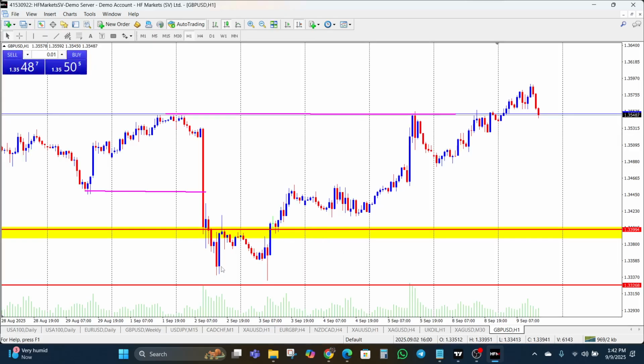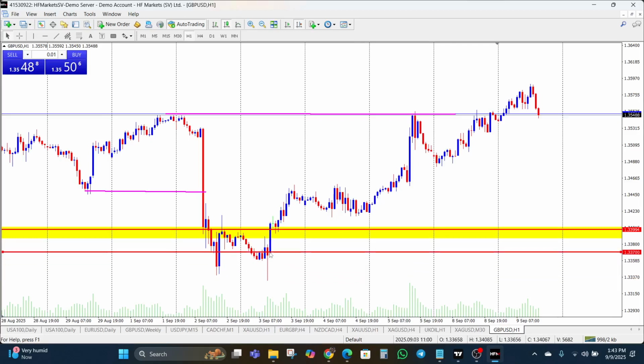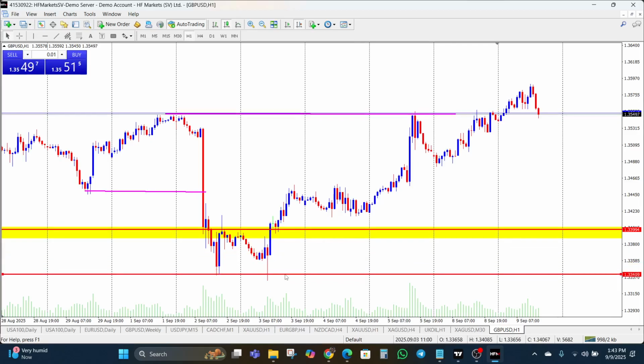Imagine after this particular fake out, you enter the buy trade, perhaps at some point after this bullish engulfing that we had here, and then you set your stop loss here. You'd have gotten stopped out again after this particular leg down, because it seems like we had a double bottom here before we had the reversal. So if you had jumped in quickly and set your stop here, you've gotten stopped out.